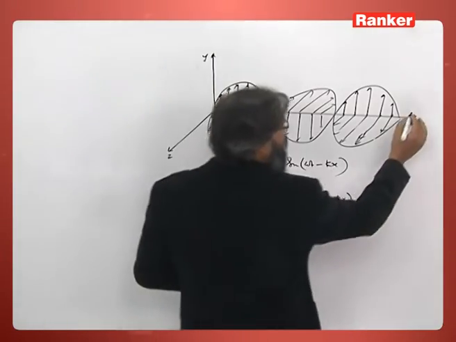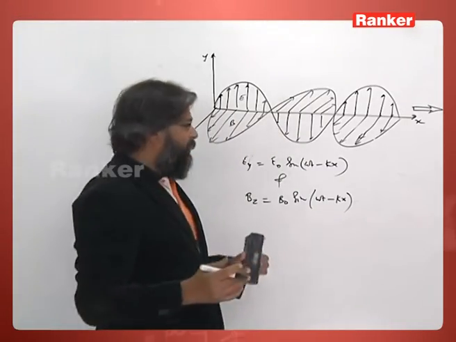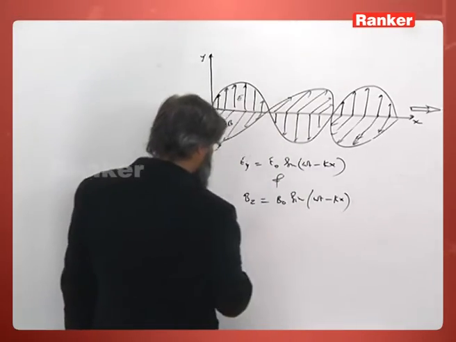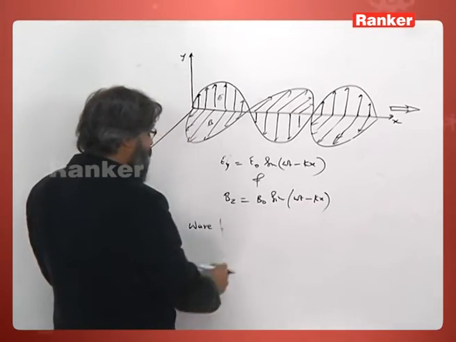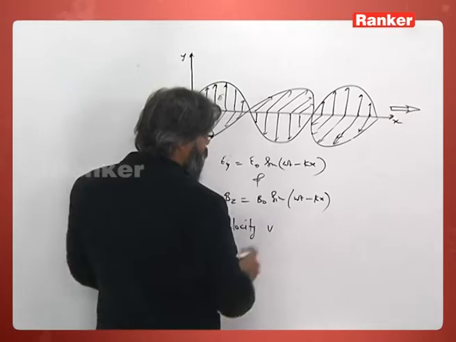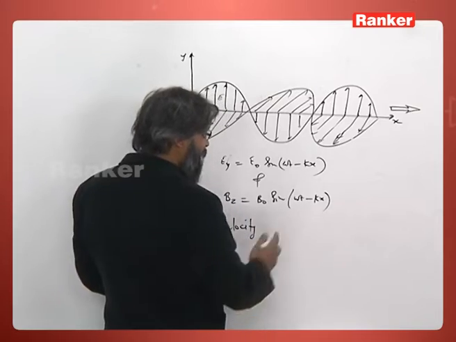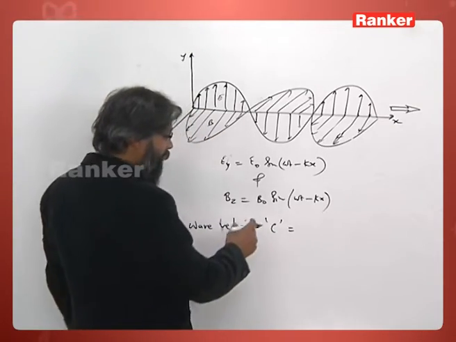This is the direction in which the wave propagates. The wave velocity we will denote by C; C is the letter reserved for the velocity of electromagnetic waves.